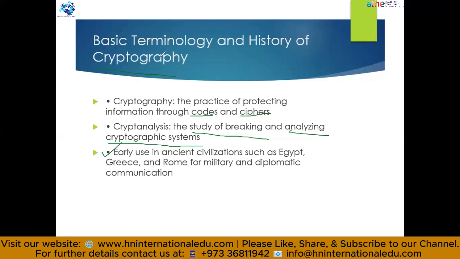When that particular message reached the required location, they had the keys as well, so they would convert the information with the help of the keys and see what the message was going to convey to their military.